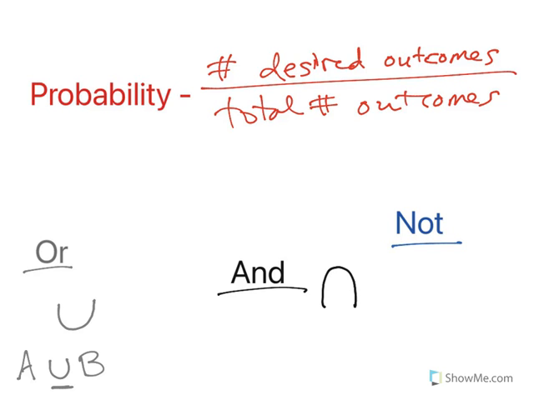So if you think about, I want the probability of the event A and B, see how it kind of looks like an A? That's how I remember. Now, when we use not, it's more of like a little marker here. So we call that prime. So like the probability of A prime. This means not A. Okay, so that's the notation.